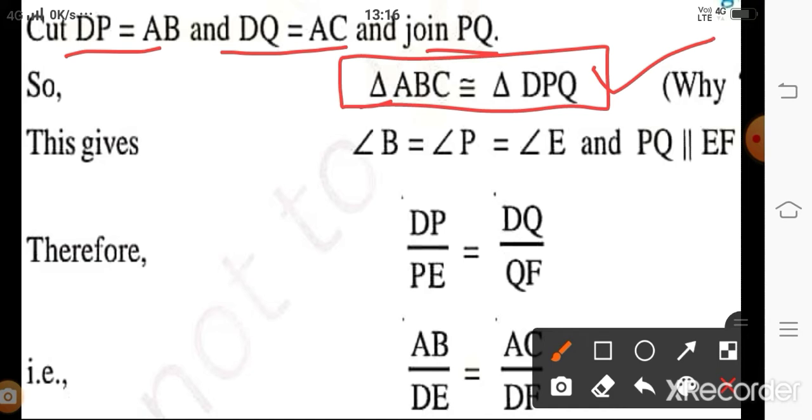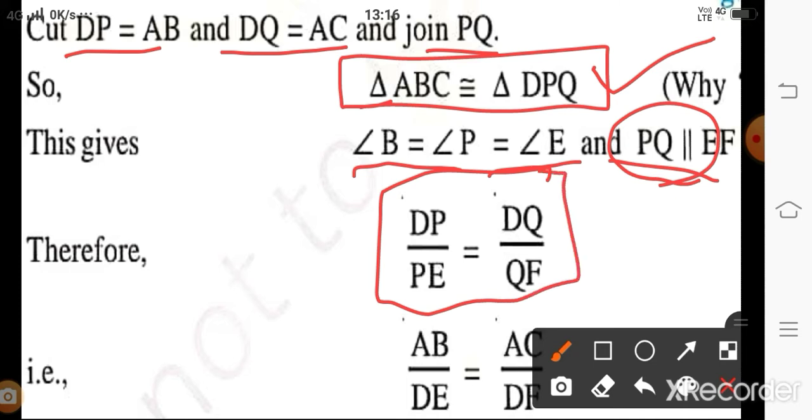And if these two triangles are congruent, then we are able to write angle B equal to angle P, and that is also equal to angle E. It means that PQ is parallel to EF, because these are corresponding angles. And if PQ is parallel to EF, then we are able to write DP upon PE is equal to DQ upon QF.